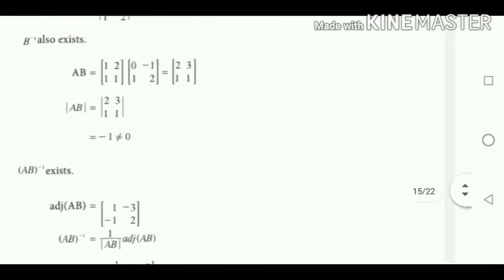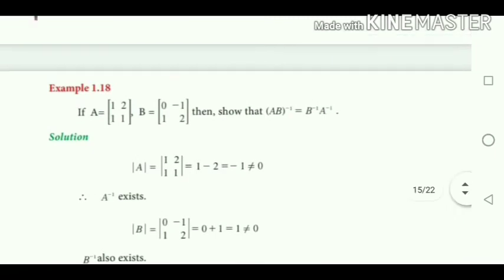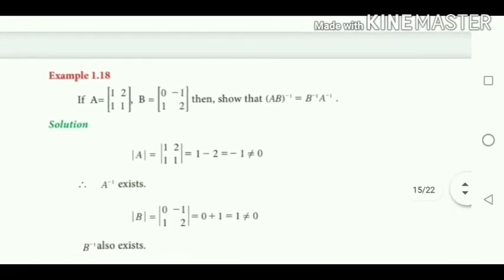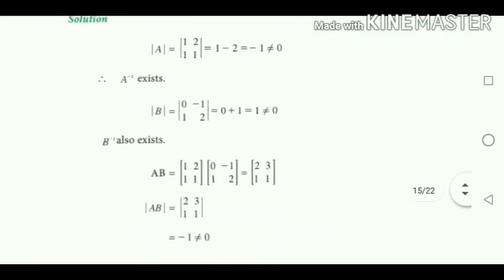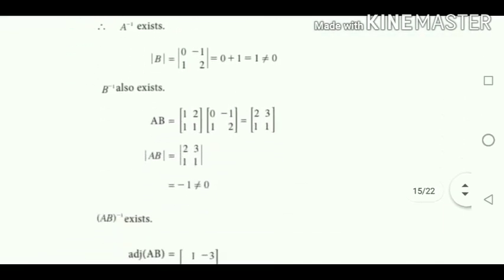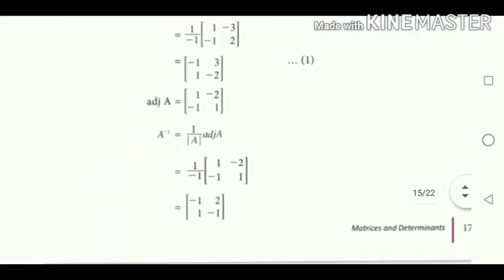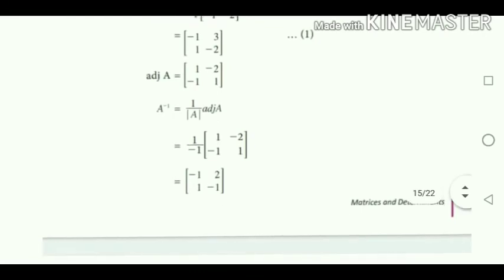Then the right hand side, they are asking about B inverse into A inverse. We already found A inverse as well as B inverse, but first write the B inverse. So A inverse is 1 by determinant of A into adjoint of A. So it is 1 by minus 1 into [1, minus 2; minus 1, 1].